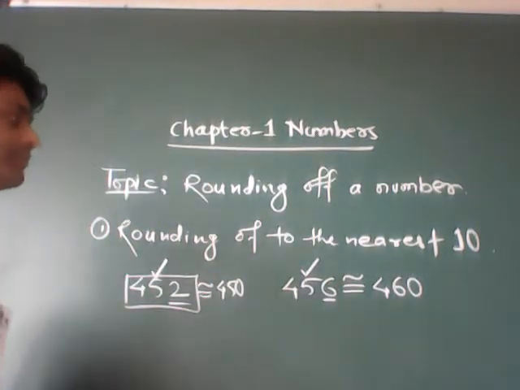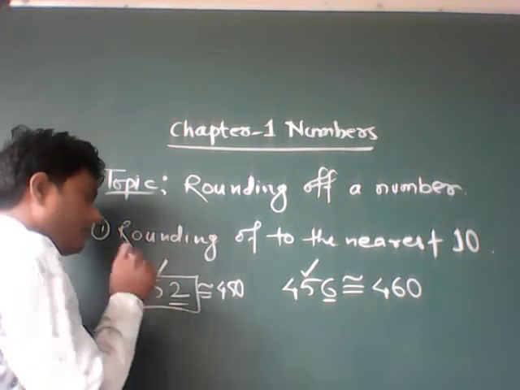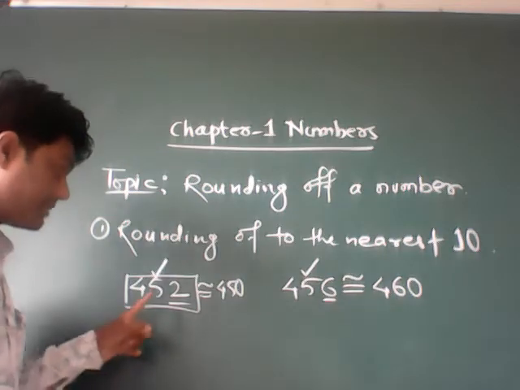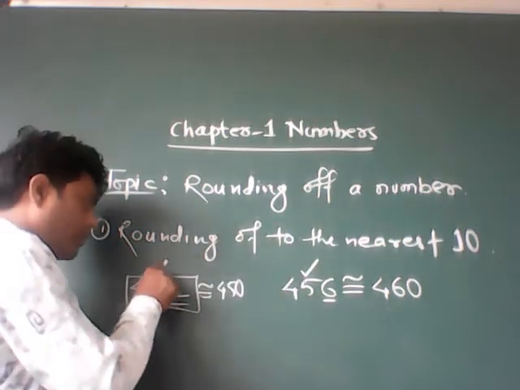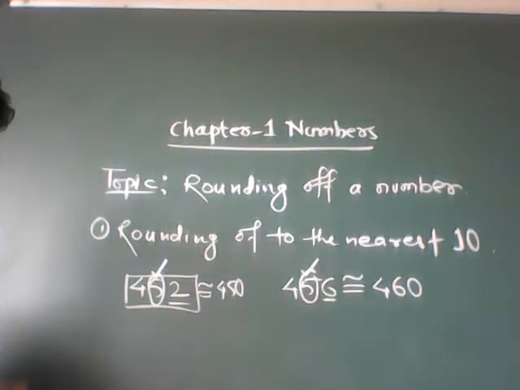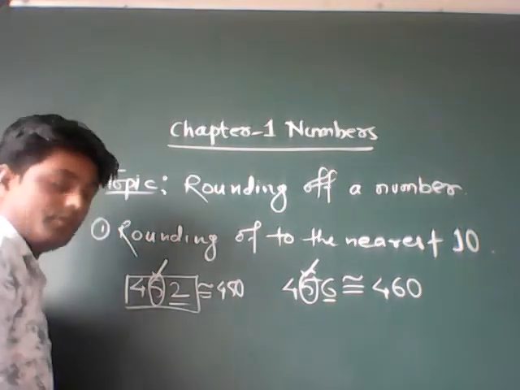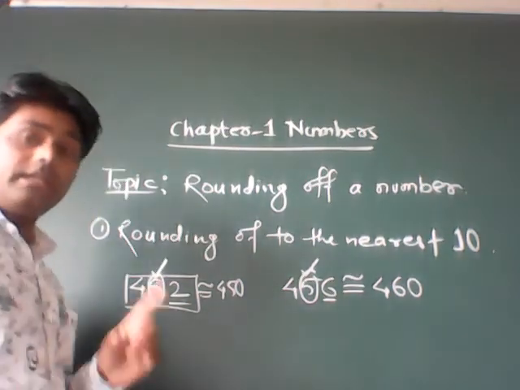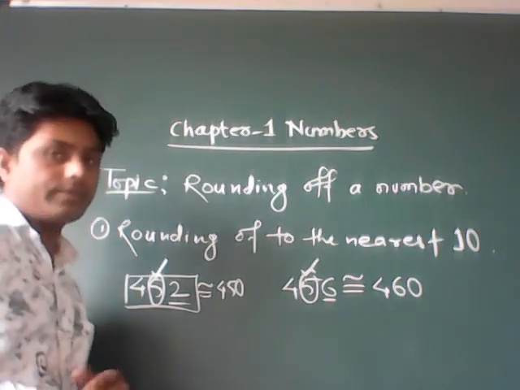We have to round off which place? The tens place, round off to nearest 10. So what we have to do is check the next digit, the digit just next to this place, whether it is less than 5, or 5 or more than 5.